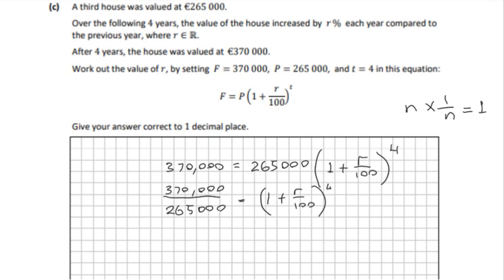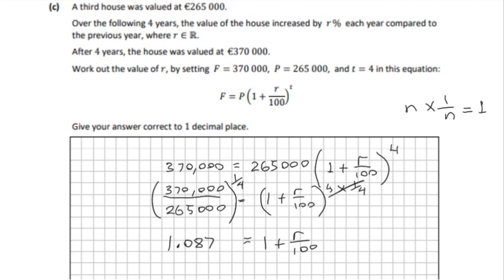I'll have 4 multiplied by 1 over 4 here, and you need to balance it on the right-hand side, so apply 1 over 4 over here. So they will cancel out, and we'll have a very neat output over here, 1 plus r over 100. Now put this into your calculator exactly like that, and we will get a value then of 1.087.